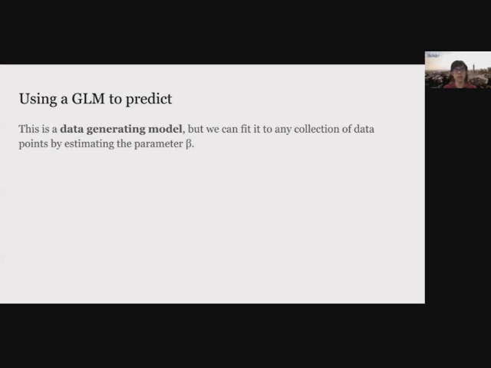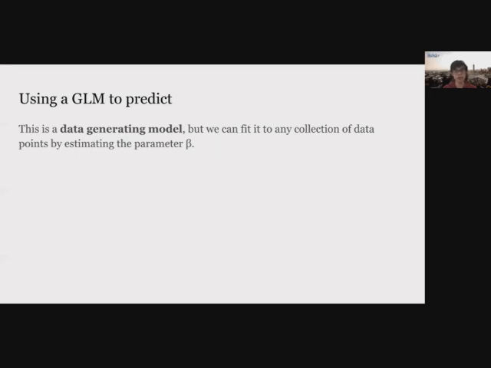So long as we see some collection of data X with labels Y, it doesn't have to be generated from a GLM or from anything for that matter, we can still fit a GLM to the data. It may not be a good fit, but we can still do it. And in fitting the GLM, what we're doing is trying to estimate the parameter beta of the GLM.